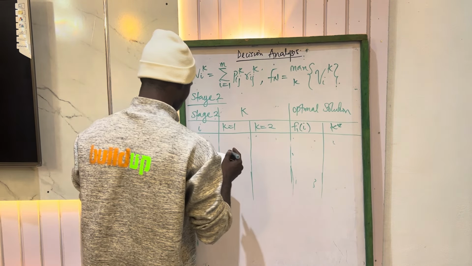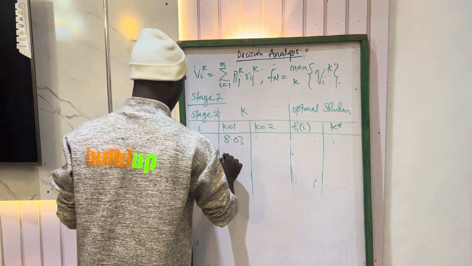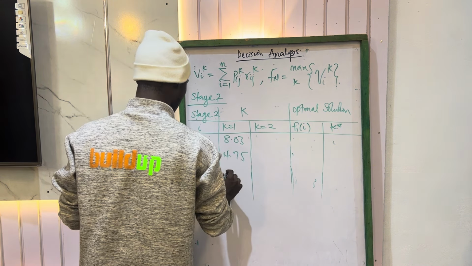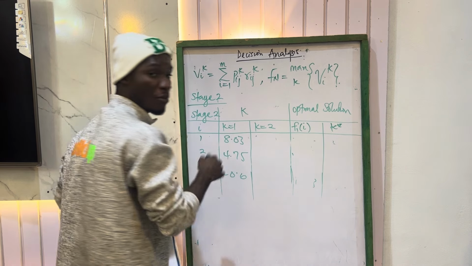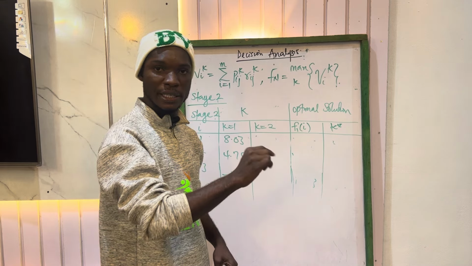So for stage 2, we say this point is 8.03. Then this place is 4.75. This place is minus 0.6. Please correct that in your calculation. There is a point there where I wrote 1 instead of minus 1.